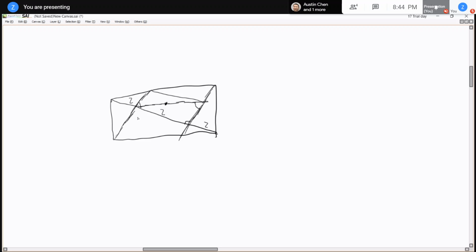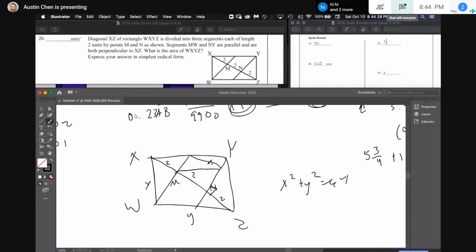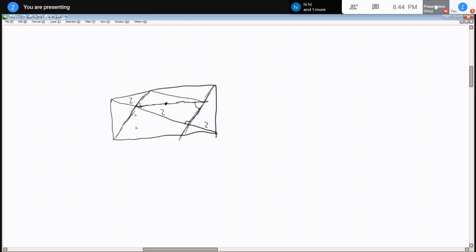That would be saying the side lengths are parallel. How do you know that? Which side and which side are parallel? Because this line and this line are parallel, right?